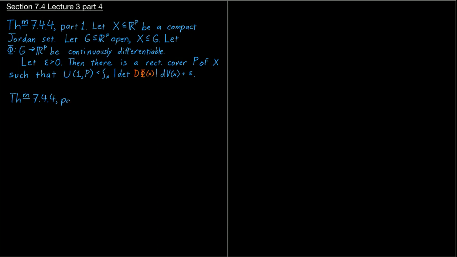So here is the next part of theorem 7.4.4. We let X be a compact Jordan set. And we let G be an open superset of X. And phi going from G to R^P be continuously differentiable.